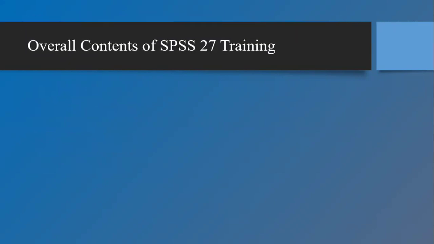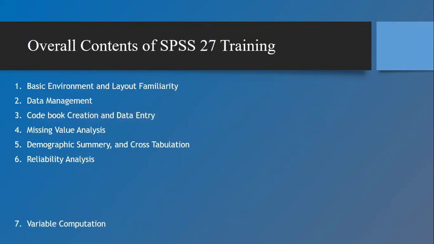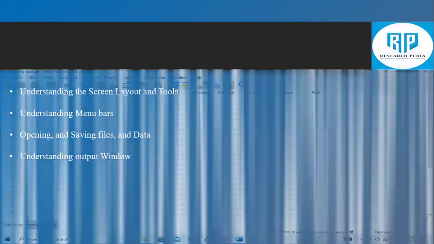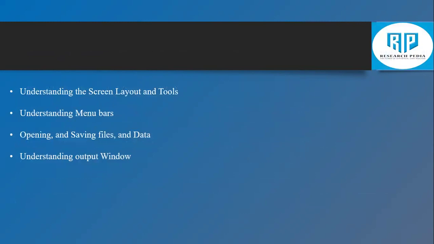So we have a quick recap of what we have with SPSS. In case of installation, when you have installed the SPSS, the basic thing that you need to understand regarding SPSS is the screen layout and tools which are available from the beginning of your learning.